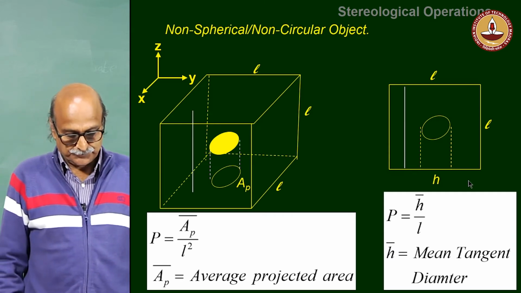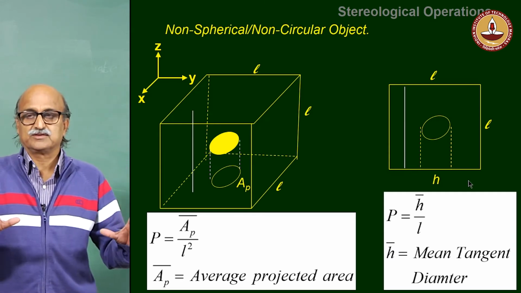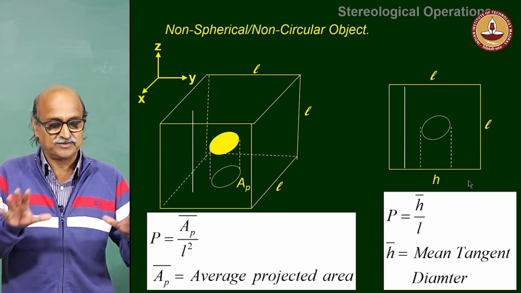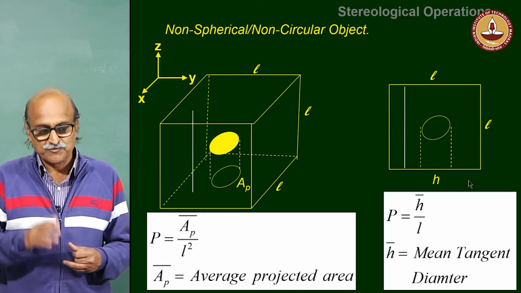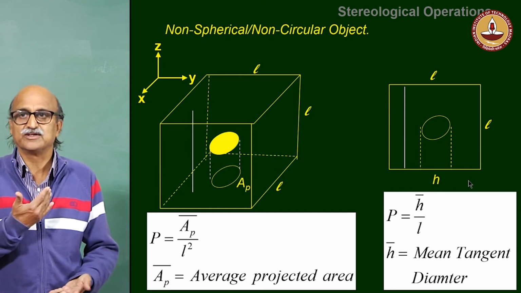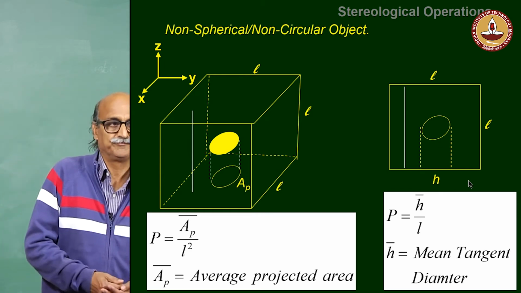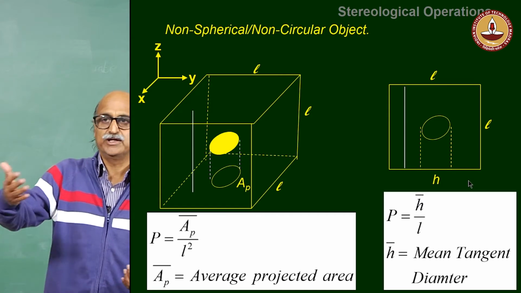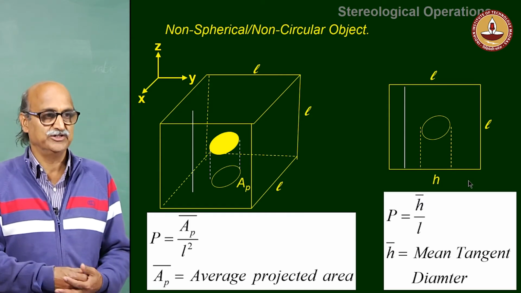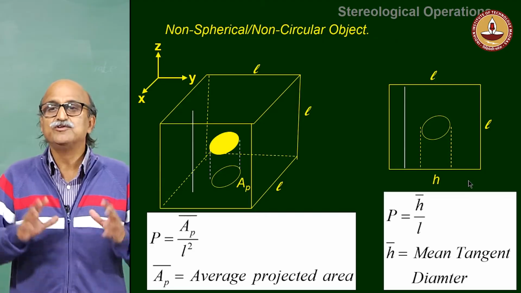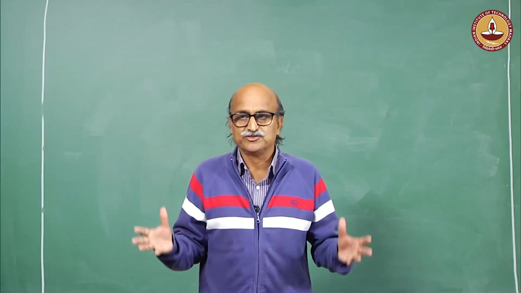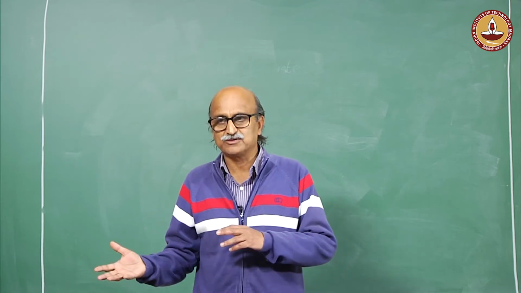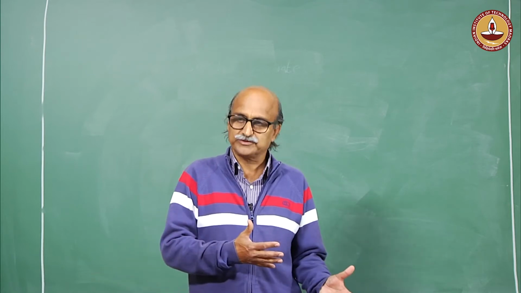So, these were the basic stereological operations, but before we proceed further, we need to understand how we can take these averages to obtain, for example, the mean tangent diameter and so on, which means we need to define orientation in space, whether it is 2-dimensional space or 3-dimensional space.